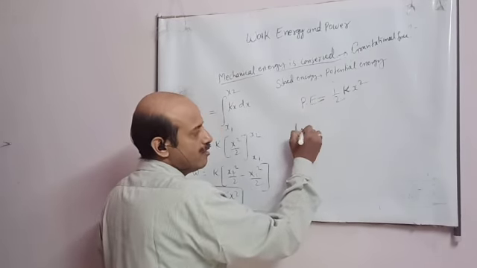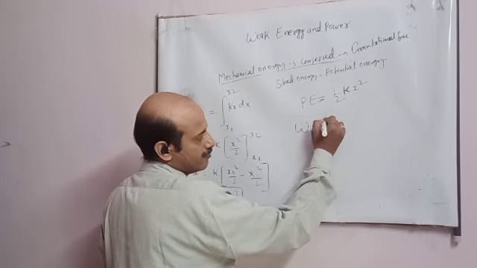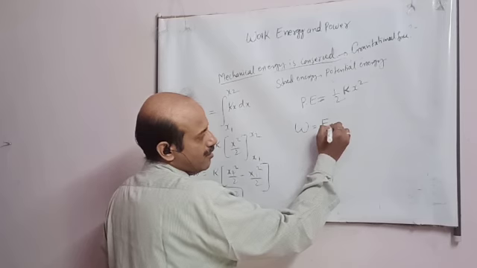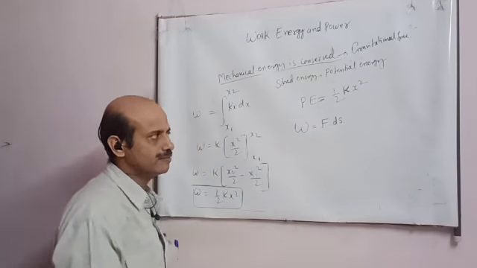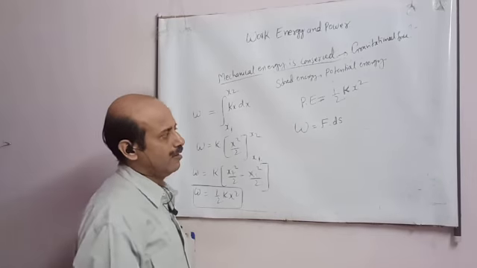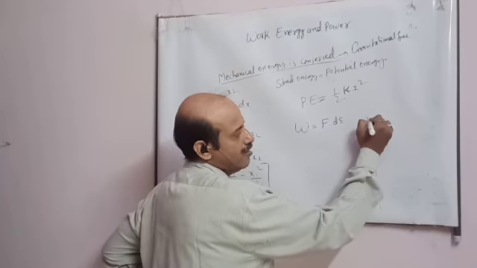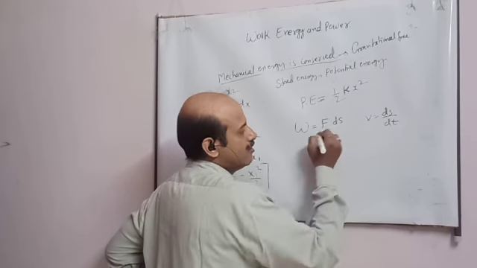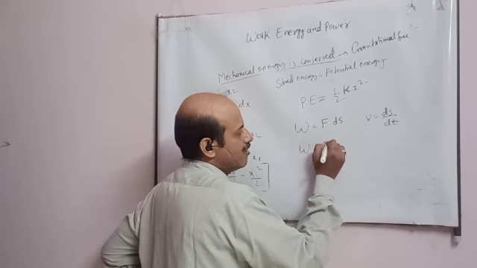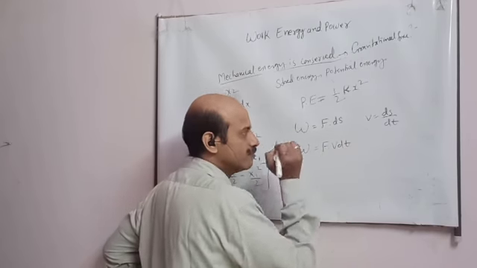Now, student, the basic formula for work done which we have used till now is F dot ds. And if you remember the formula for velocity, it is ds by dt. So for work done, another formula comes: F v dt.